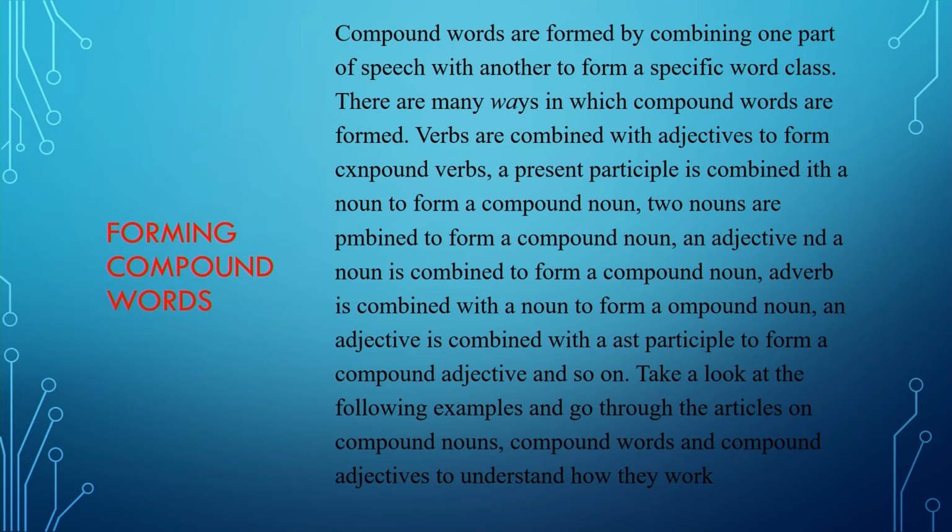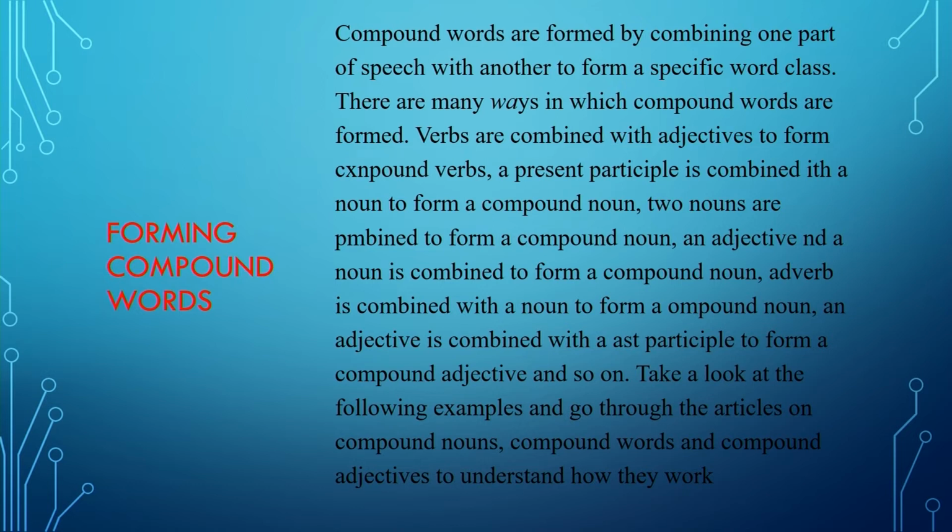So forming compound words is like combining one part of speech with another to form a specific word class. There are many ways in which compound words are formed. Verbs are combined with adjectives to form compound words. A present participle is combined with a noun to form a compound noun. Two nouns are combined to form a compound noun.